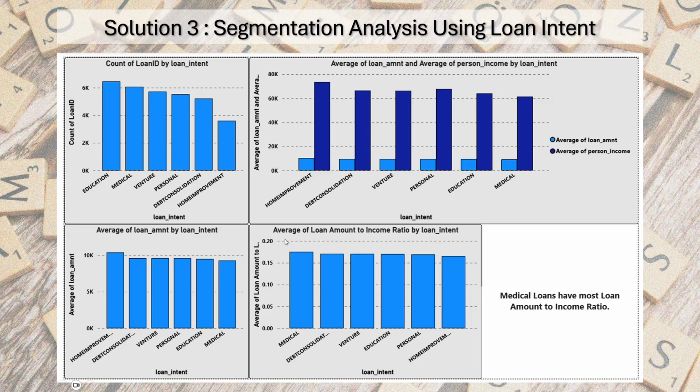And you can see the average loan amount to income ratio by loan intent chart here too. For this ratio, medical loans were the highest. And for the average loan amount by loan intent, home improvement loans were the highest.